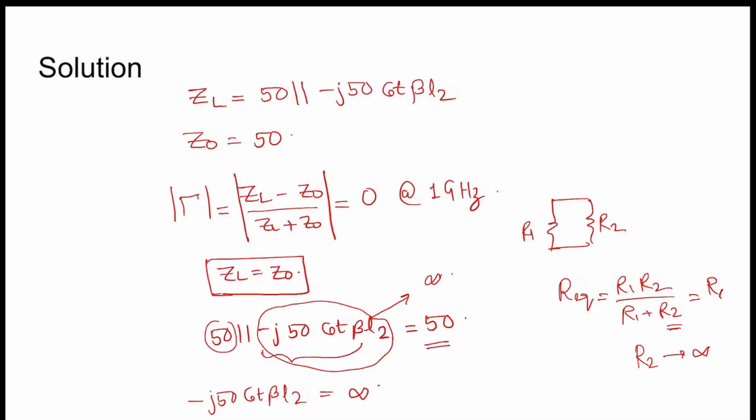Put infinity here: divide numerator and denominator by R2, you will get R1 by R2 plus 1 in the denominator, which equals R1, because this goes to 0 as R2 tends to infinity. So when the parallel combination of two resistances gives you one of the resistances only, the other one must tend to infinity, that is, be very huge. So minus j50 cot beta L2 must be infinity in order to satisfy this condition.